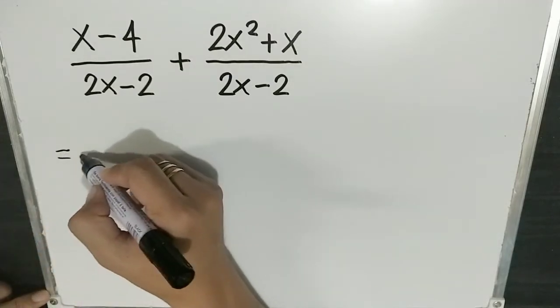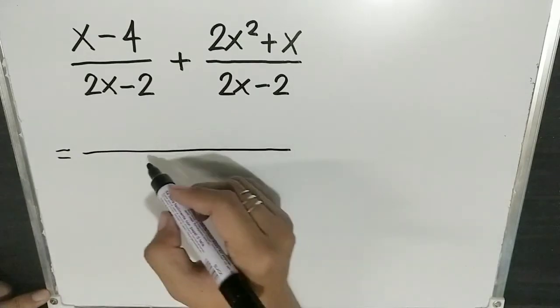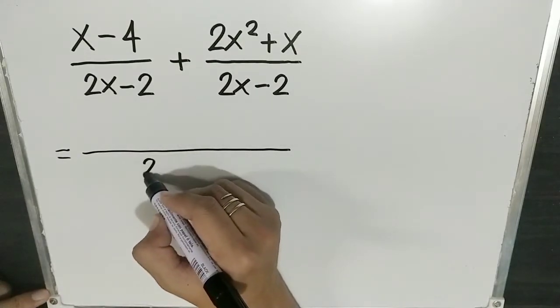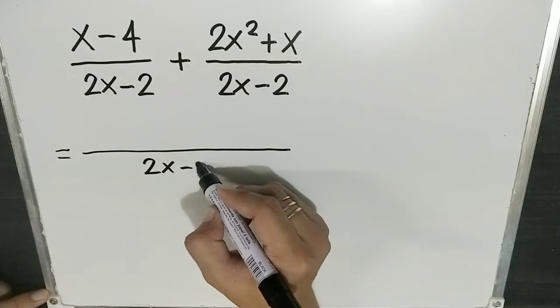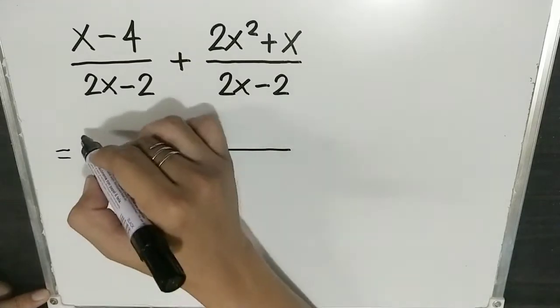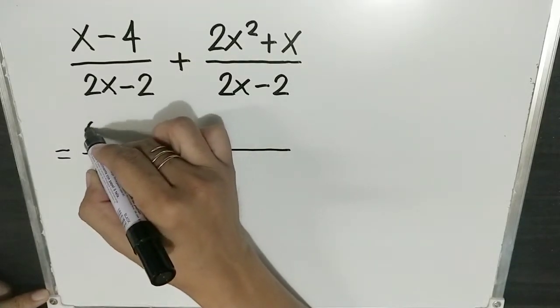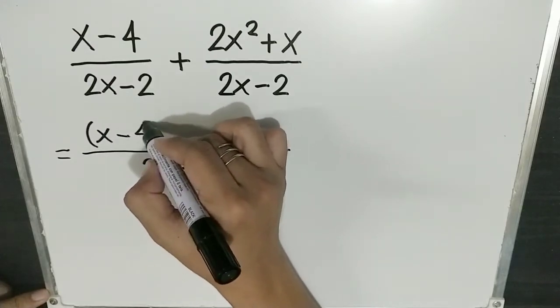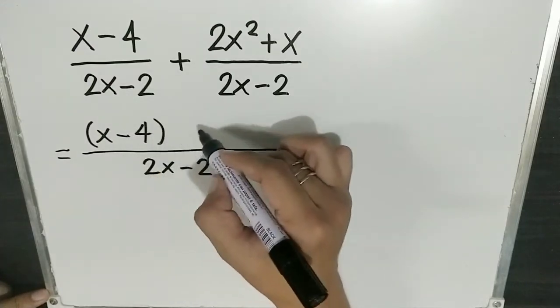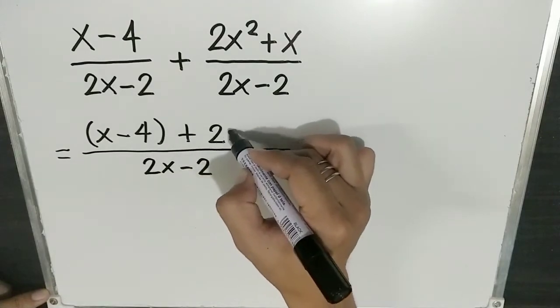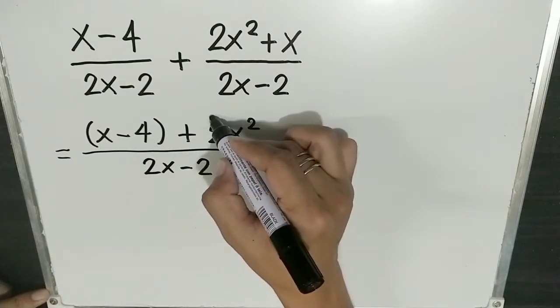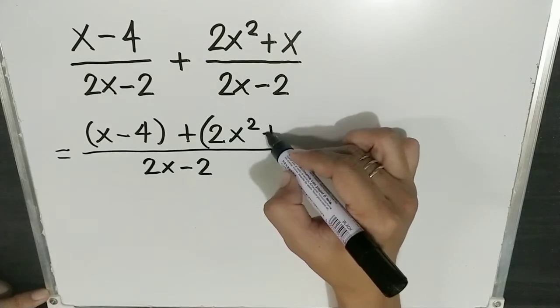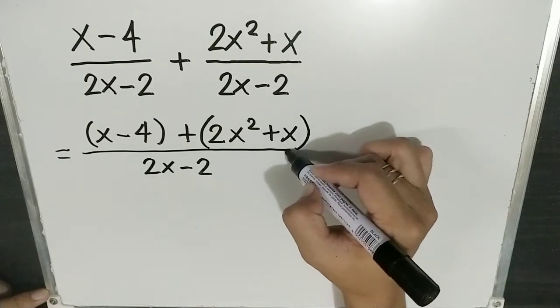So we will copy this common denominator, 2x minus 2. Then we will just add the expressions in the numerator, x minus 4 plus 2x squared plus x.